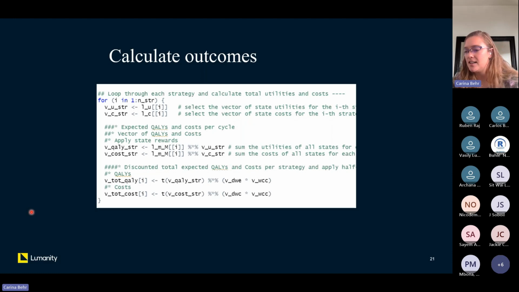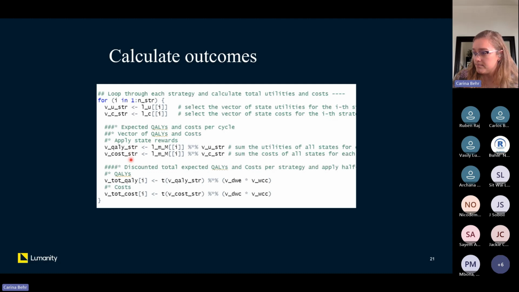Then lastly, or later in the model, they calculate the outcomes. So this is also code that you don't necessarily have to adjust, but it's good to be aware of where things are happening. There's a loop through the number of strategies, so through every strategy, a vector calculating the utilities over all the different strategies is calculated, and also for the costs, same thing.